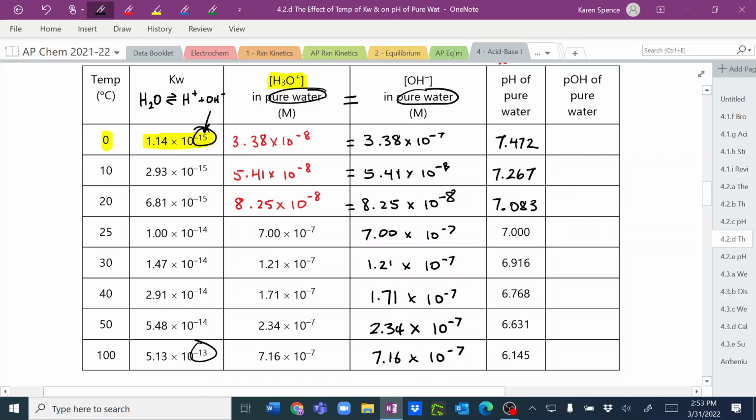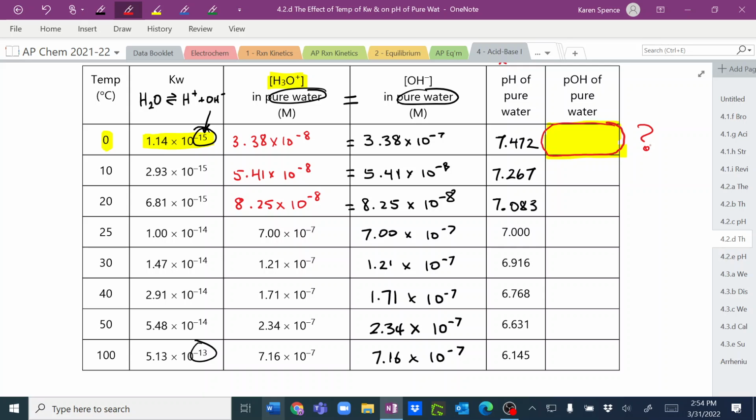What is the pOH of pure water at 0 degrees Celsius? What is the pOH of water at 0 degrees Celsius, this one right here. Pardon me, 14 minus that.